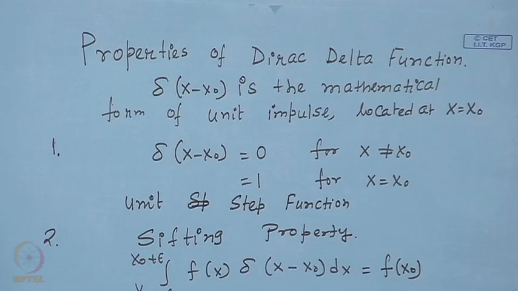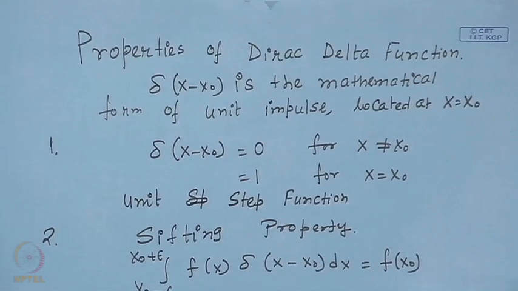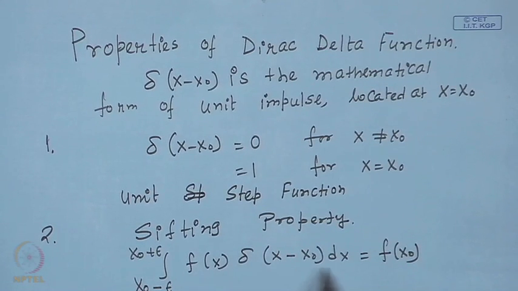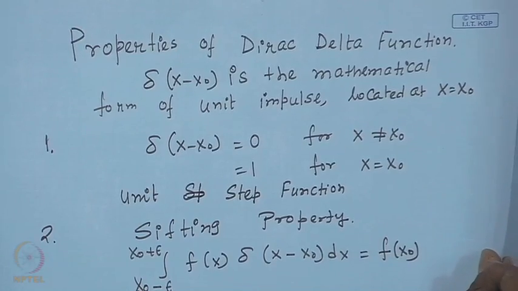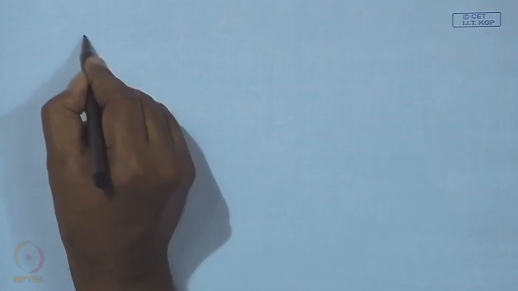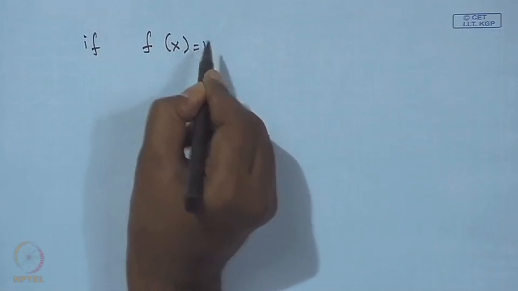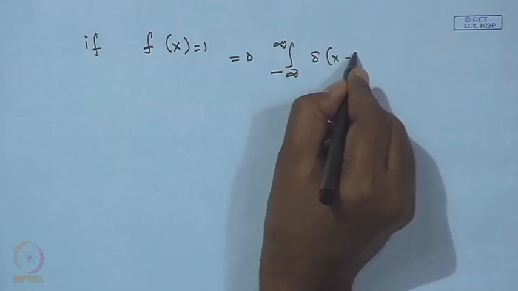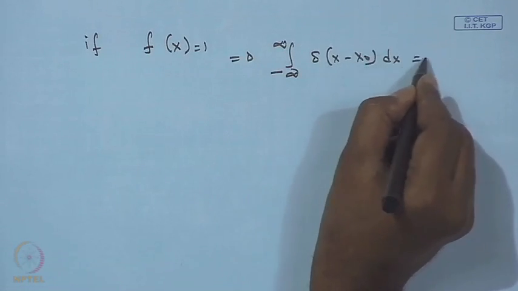So, if we integrate some function multiplied with the Dirac delta function, since the Dirac delta function is equal to 0 apart from x0, so between x0 minus epsilon and x0 plus epsilon, where epsilon is an extremely small number, the value will be returning the value f(x0). If f(x) is equal to 1, then the integral from minus infinity to plus infinity of delta(x minus x0) dx should be equal to 1.